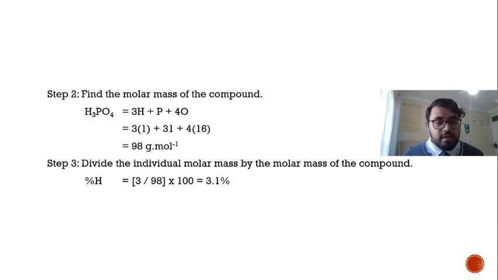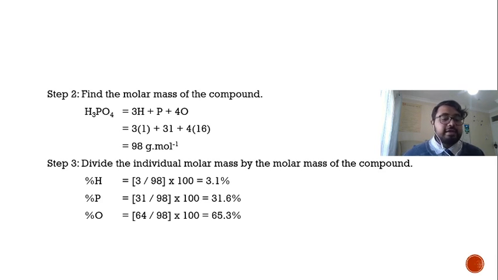Okay, now percentage phosphorus equals 31 divided by 98 times 100, which equals 31.6%, and that means that 31.6% of phosphoric acid is phosphorus. Sorry, and percentage oxygen equals 64 over 98 times 100, which equals 65.3%, which means most of phosphoric acid is composed of oxygen.